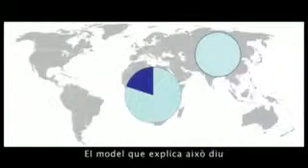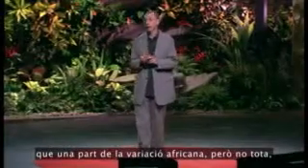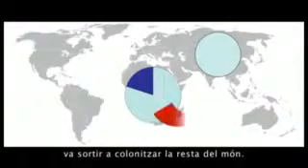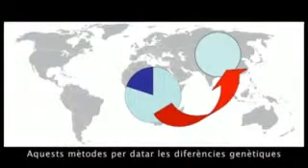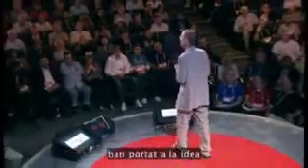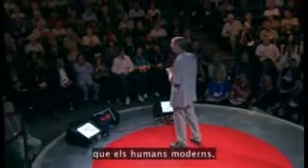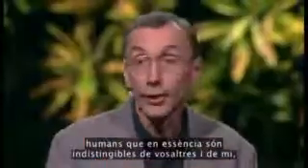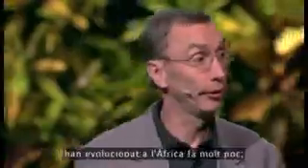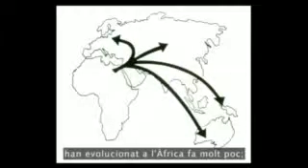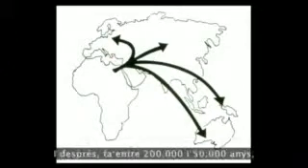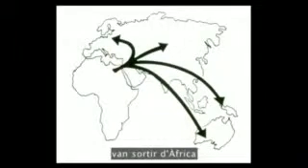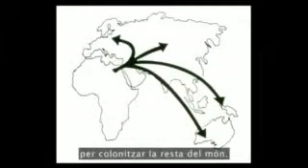So a model to explain this is that a part of the African variation, but not all of it, has gone out and colonized the rest of the world. And together with methods to date these genetic differences, this has led to the insight that modern humans that are essentially indistinguishable from you and me evolved in Africa quite recently, between 100 and 200,000 years ago, and later, between 100 and 50,000 years ago or so, went out of Africa to colonize the rest of the world.